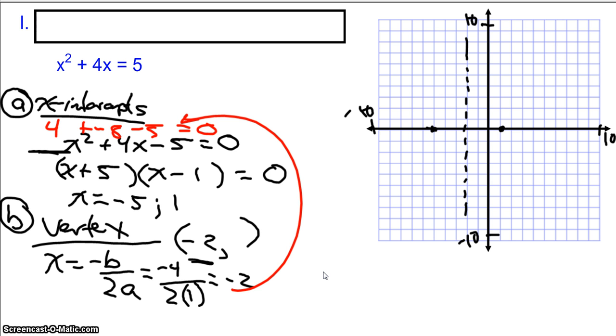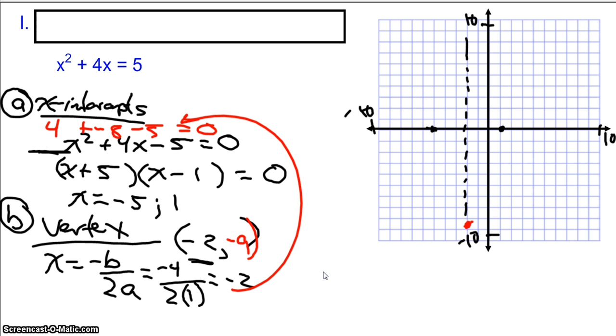And so what is 4 plus negative 8? Negative 4, and then negative 4 plus negative 5 is negative 9. Okay, so our vertex is at negative 2, negative 9. This was kind of out of calibration, but it's supposed to be at negative 2, negative 9.